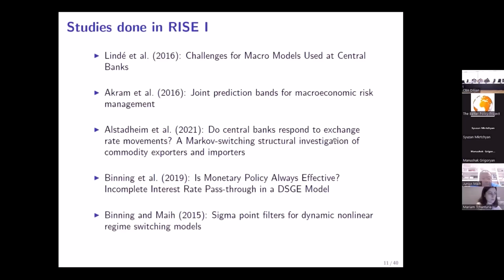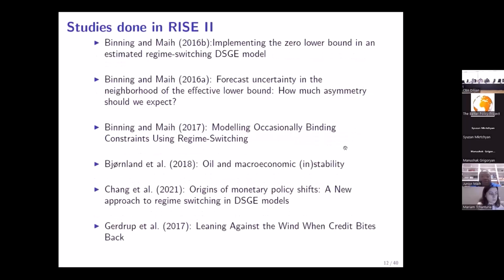Is monetary policy always effective in complete pass-through in a DSGE model? Other studies have to do with the zero lower bound, the forecast uncertainty in the neighborhood of the effective lower bound, how much asymmetry we can expect, oil and macroeconomic instability.